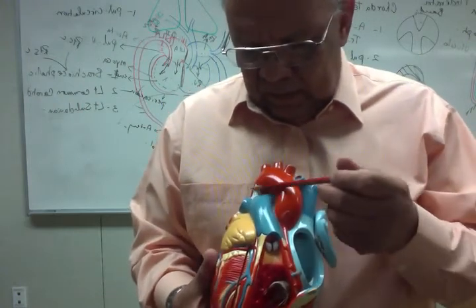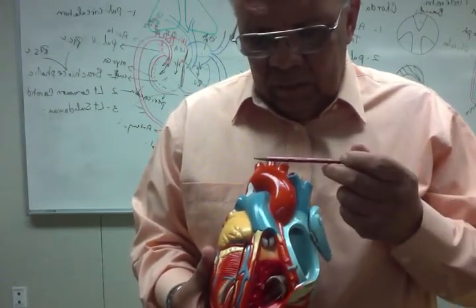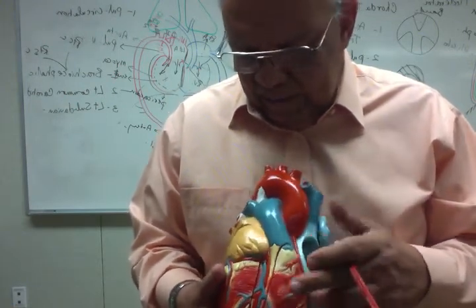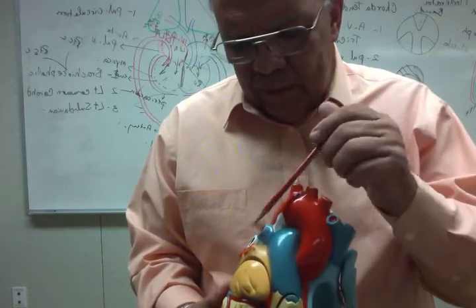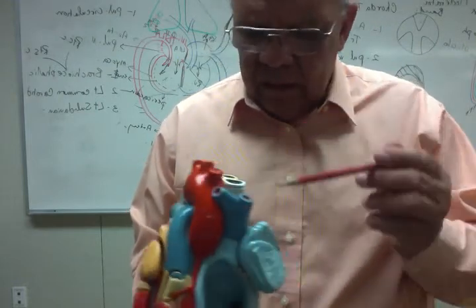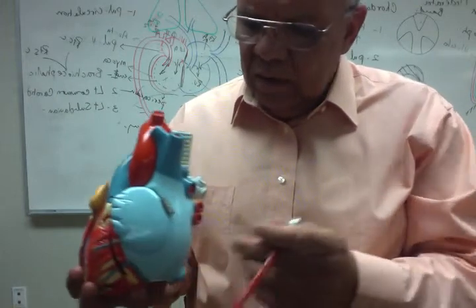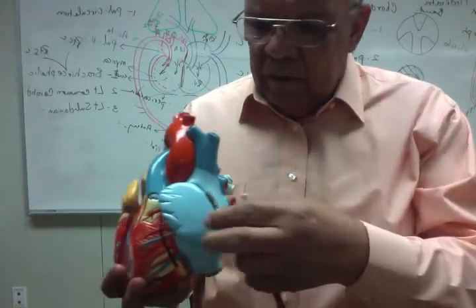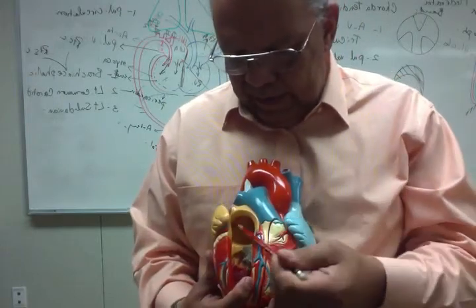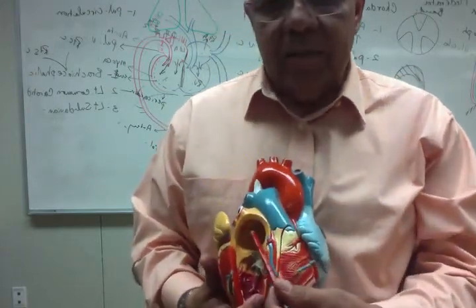Okay, now blood is going to be in the lungs, it's going to be cleaned out, and then will come back through four pulmonary veins. These are two from the left lung, and these are the other two from the right lung. Both pour their blood into the left atrium, which is high up there.